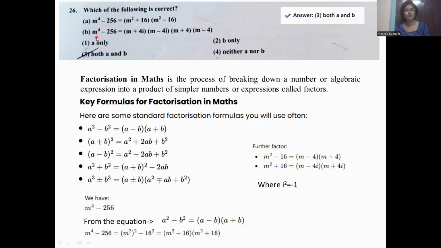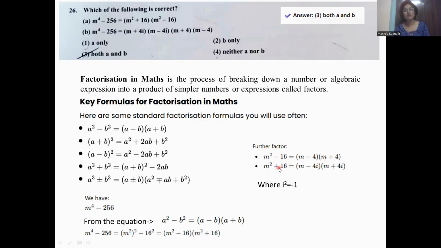Now in equation 2, m raised to 4 minus 256 can be written as m square minus 16 into m square plus 16. m square minus 16 can be written as m minus 4 into m plus 4, because it is m square minus 4 square.